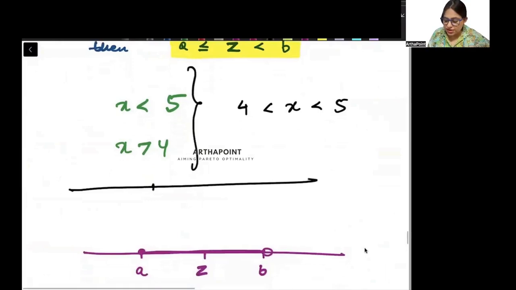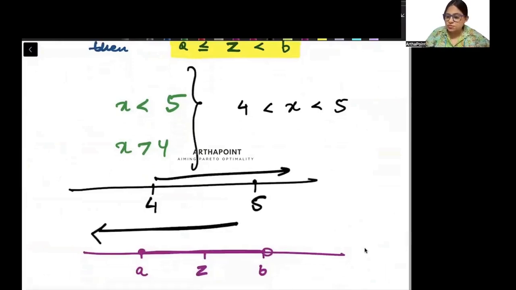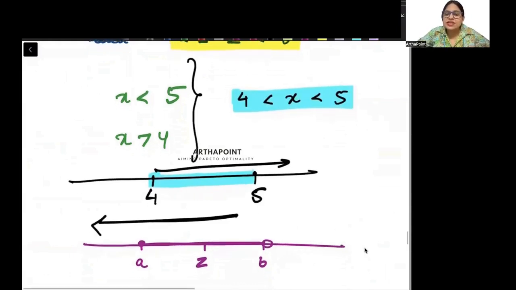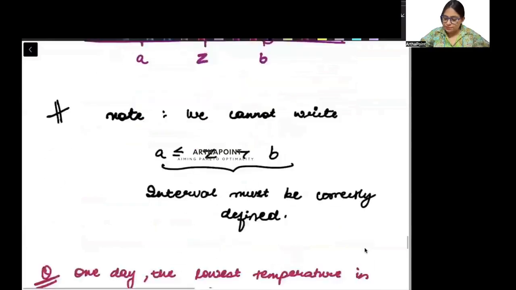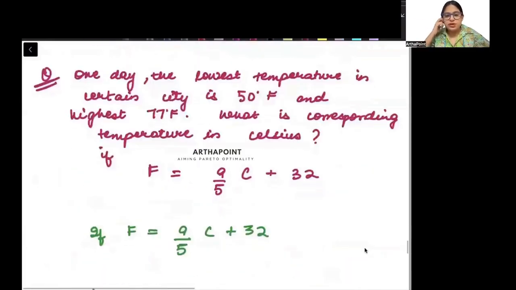Because x is greater than 4 and x is less than 5. So it means that x must be between 4 and 5. So when we combine two inequalities together, that is called double inequalities. Clear? Okay, beta.